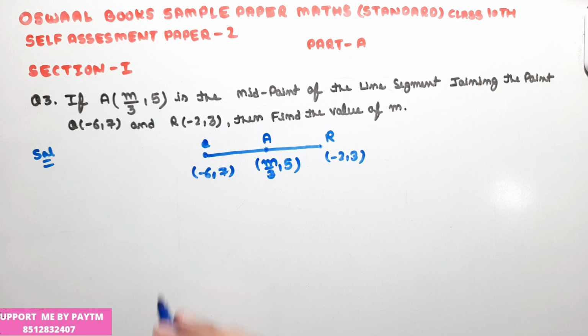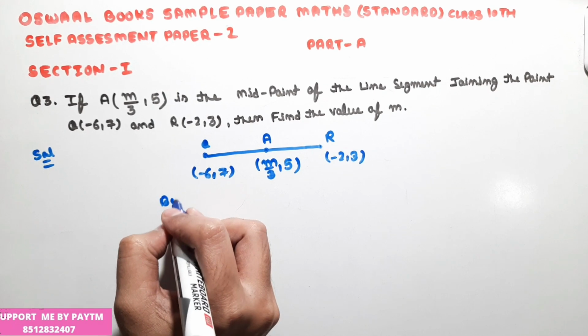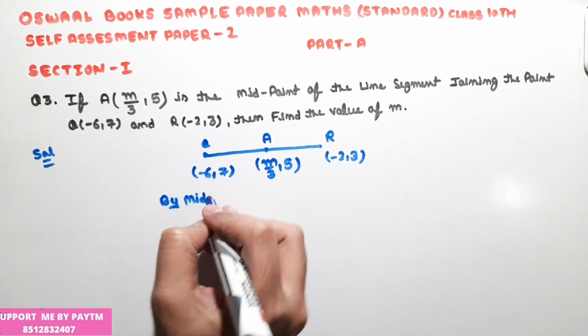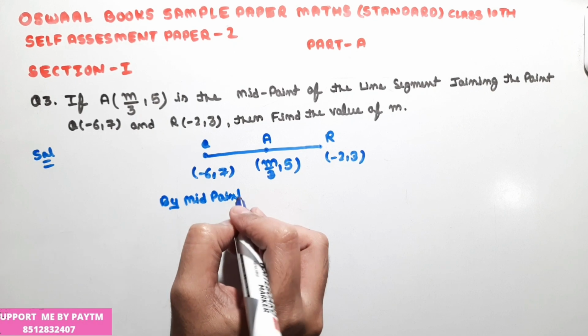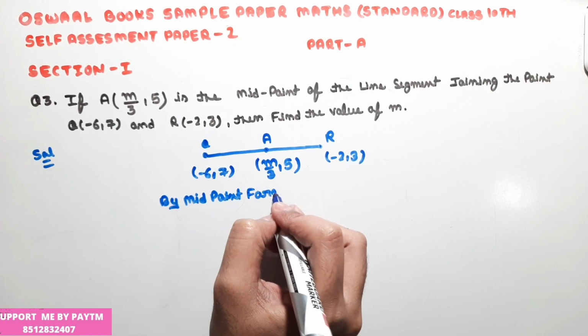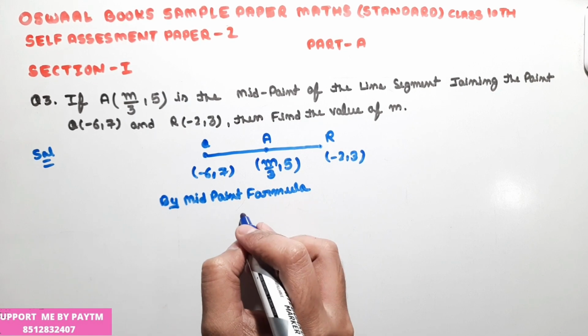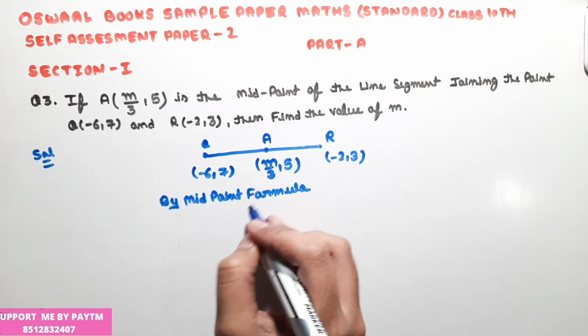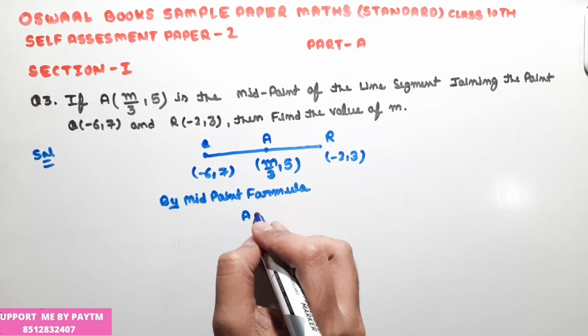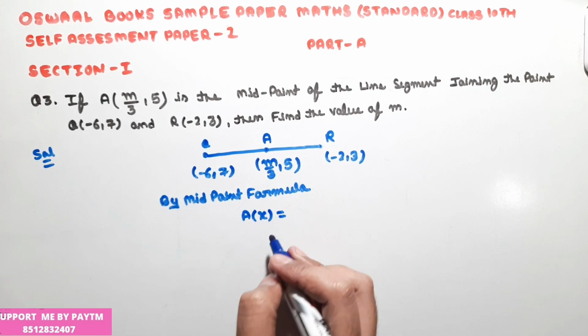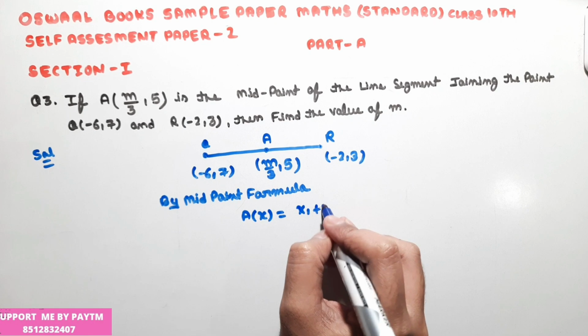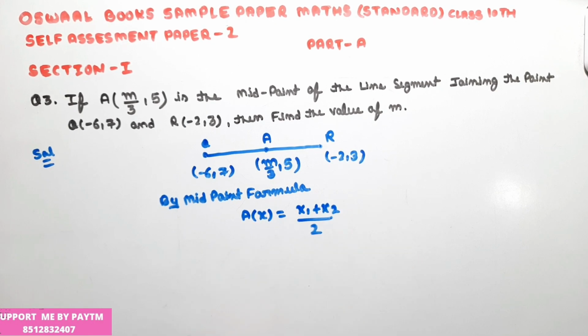We know that by the midpoint formula, the x coordinate of the midpoint is given by x1 plus x2 upon 2.